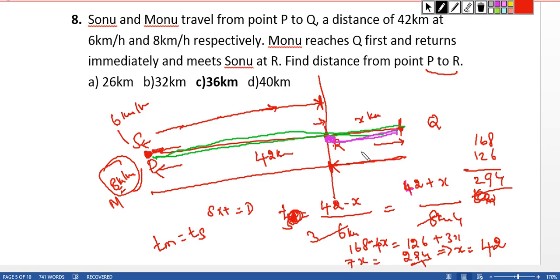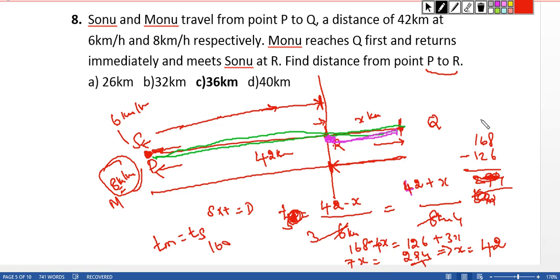So this x, okay, what are we doing wrong here? This is 168 minus 4x, this is 7x, and this is 126. Okay, we have to subtract that.